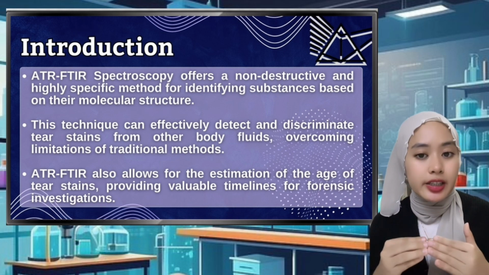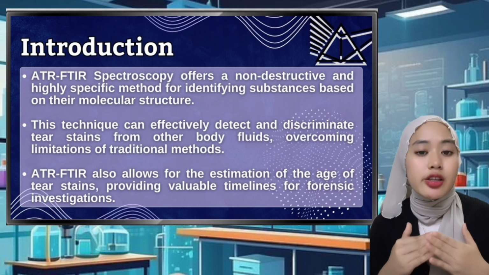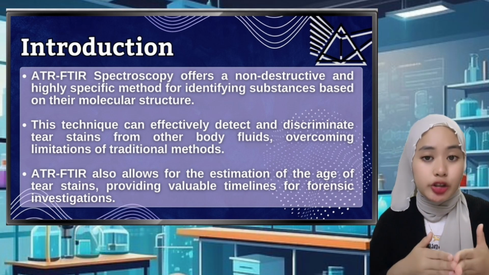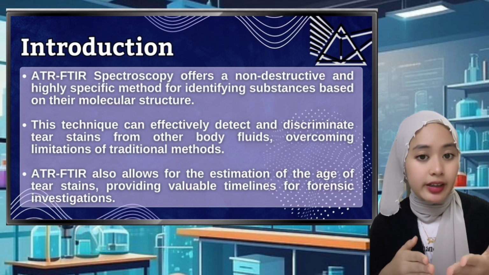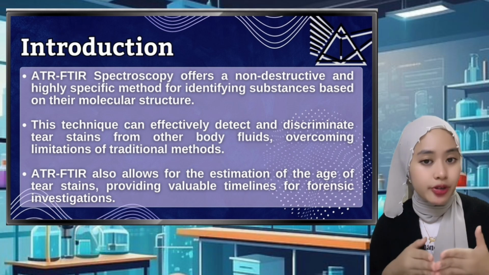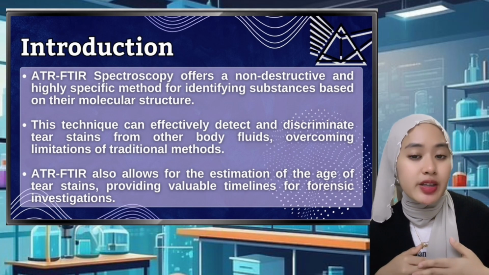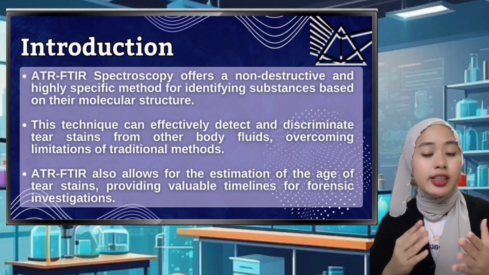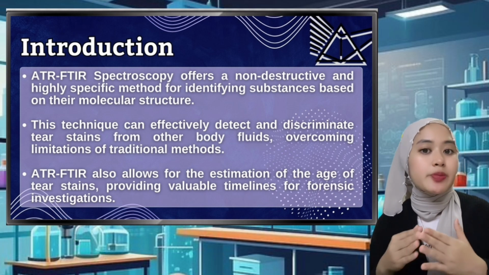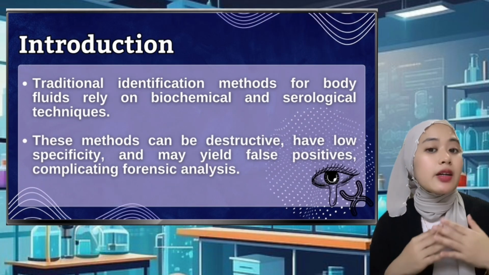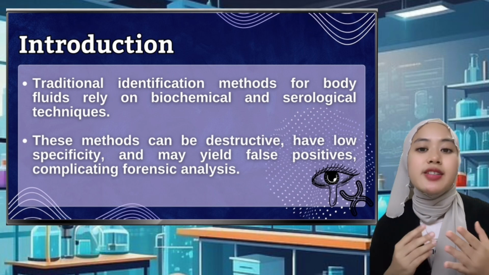This work is significant because it introduces a non-destructive, rapid and accurate method for identifying and analyzing tear evidence which could prove valuable in certain criminal investigations. It also demonstrates the potential of ATR-FTIR spectroscopy combined with chemometric analysis as a powerful tool in forensic science.